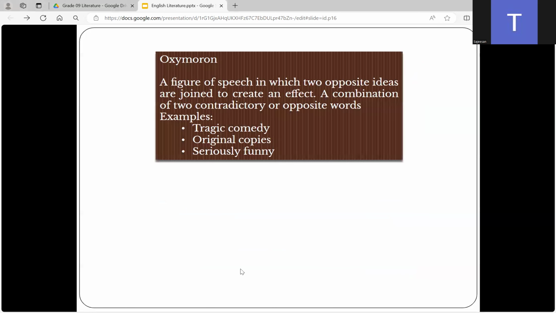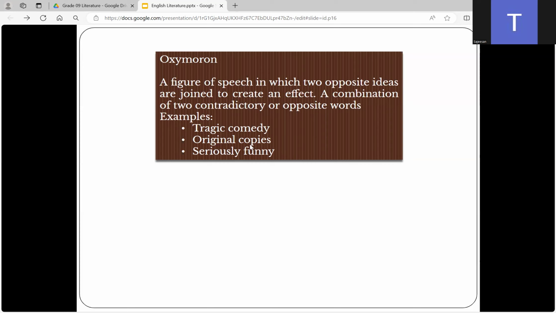Now you can learn the use of oxymoron. Oxymoron is the use of figurative speech in which two opposite ideas are joined to create an effect. This is a combination of two contradictory or opposite words. Example, a tragic comedy. How can a tragic event become comedy?